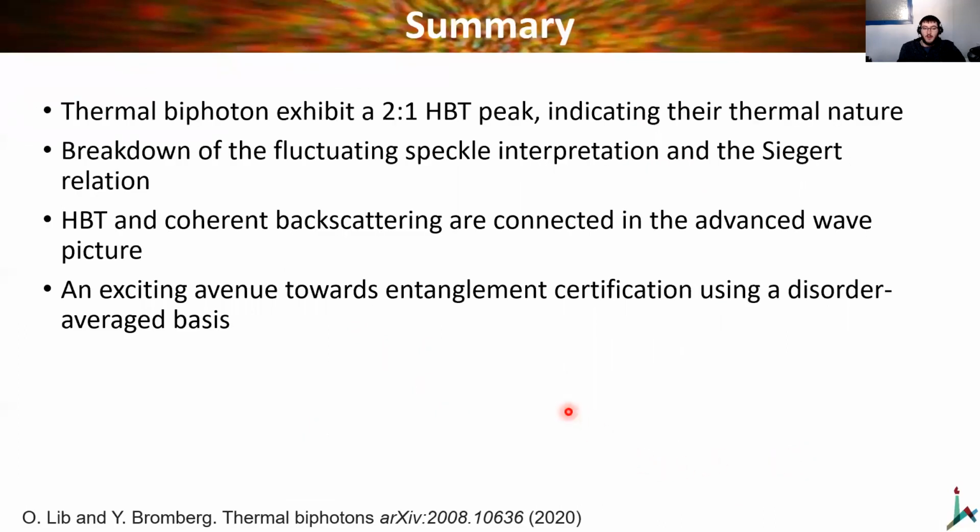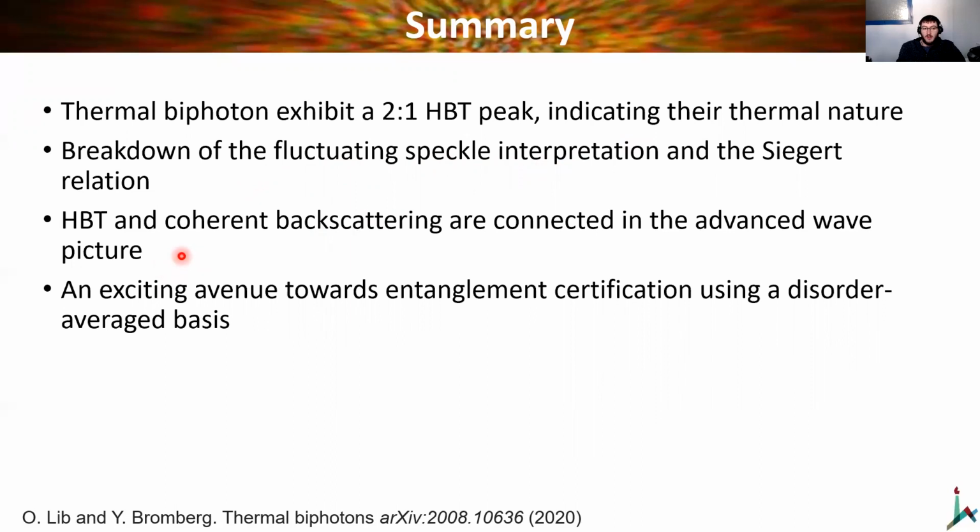To sum up, we discussed thermal biphotons, a new type of source that we propose. It exhibits a 2-to-1 HBT peak, indicating that indeed these photons are thermal. However, the classical interpretation of the HBT effect using fluctuating speckles is broken, and so is the Siegert relation, which does not hold for thermal biphotons.